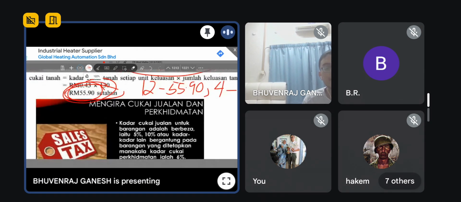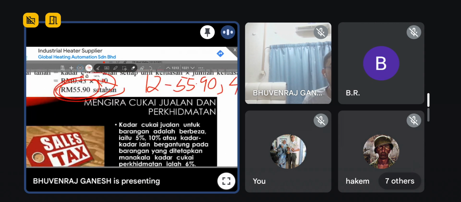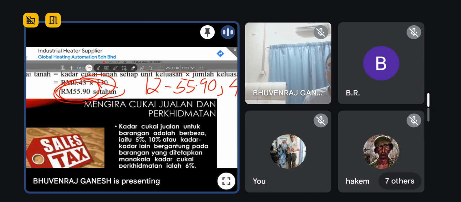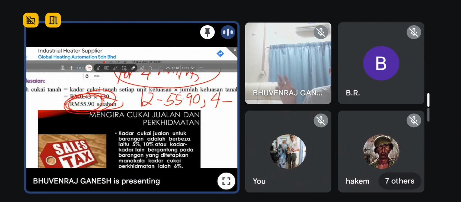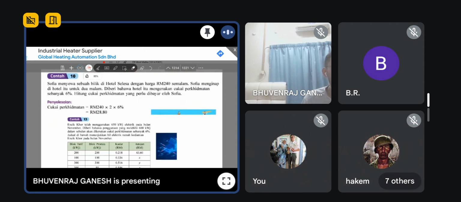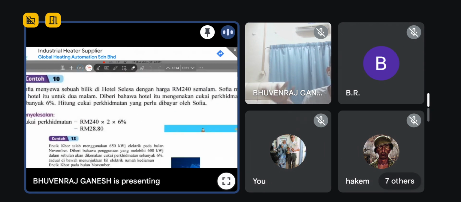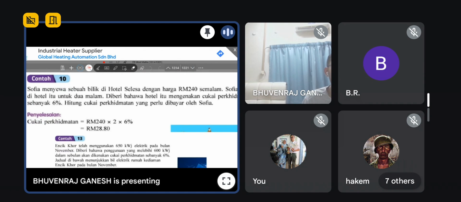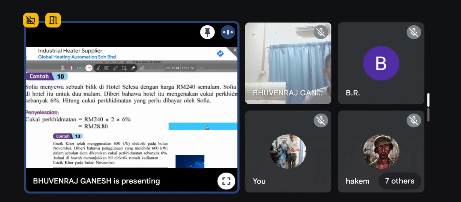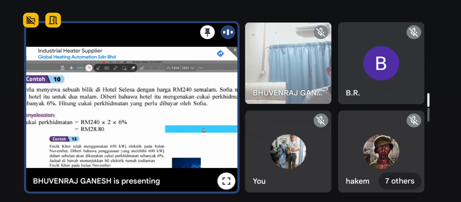Okay, last type of tax, SST. SST is basically they will give you a situation like you eat in a restaurant, kamu makan kat restaurant or hotel or anything. So you just need to count the tax. Very easy. Take the kadar, use the rate times the amount, kali dengan jumlah.